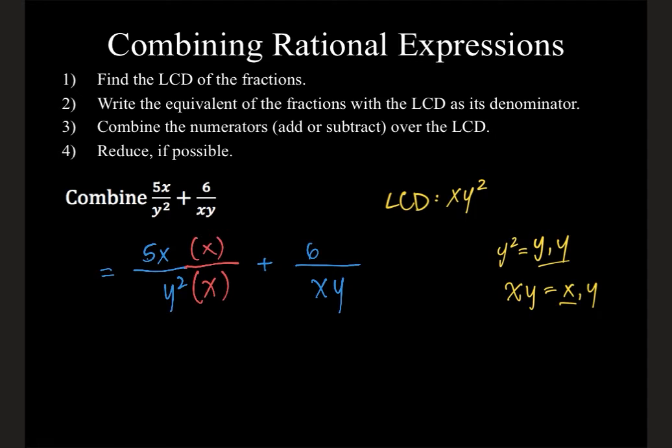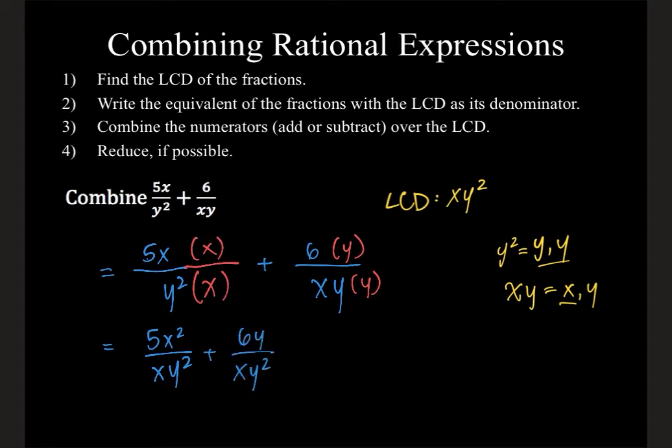What am I missing from my LCD? I have to multiply both sides by y to be able to get to that xy squared. This simplifies to 5x squared over xy squared plus 6y over xy squared.